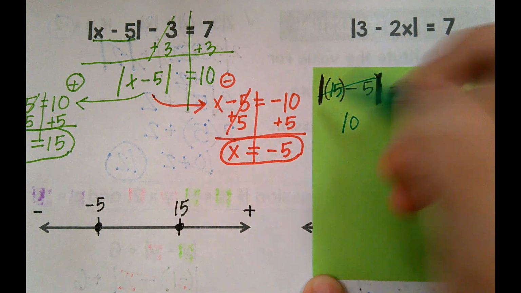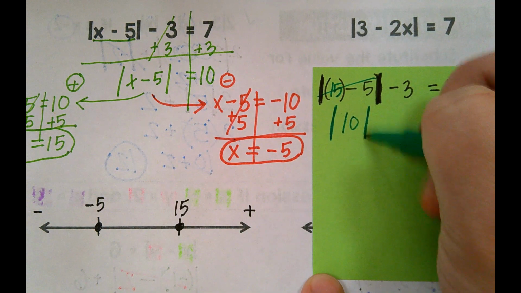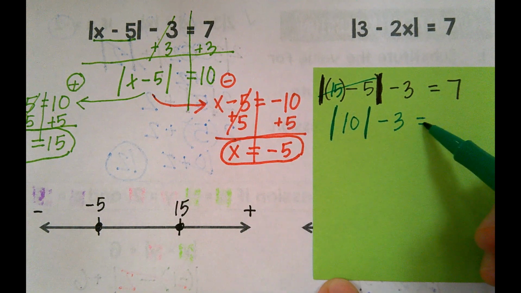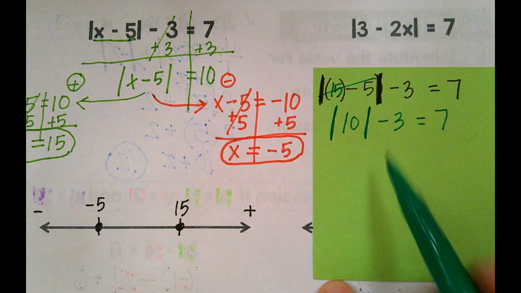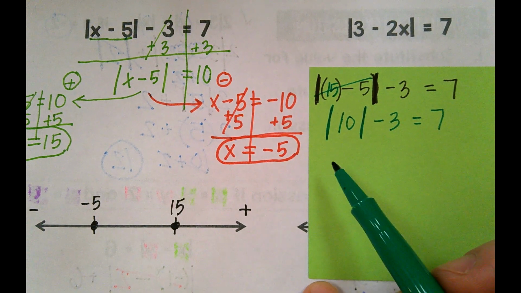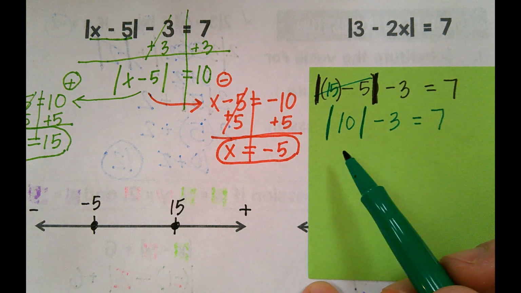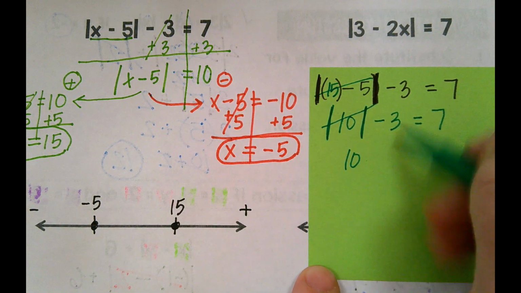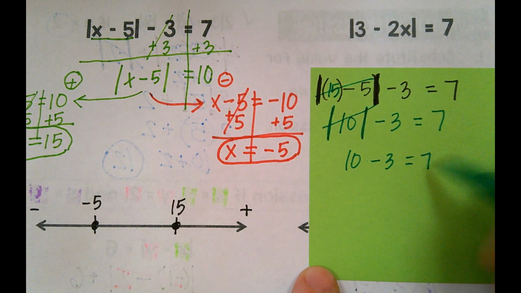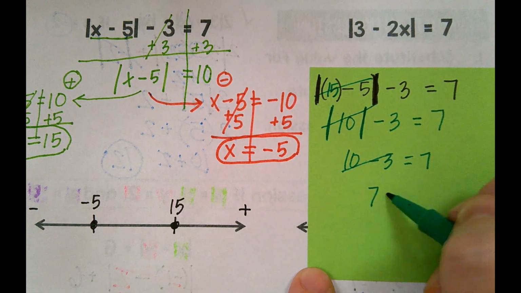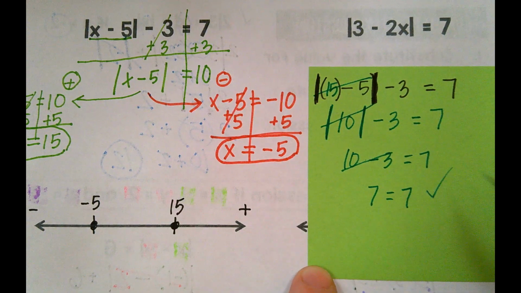Then absolute value. Luckily it's positive, so it's okay if that step got skipped, but it's good practice. So I just brought everything down. What next? First, what is the absolute value of 10? It's 10. Bring down minus 3 equals 7. What's 10 minus 3? 7. So it's correct. 15 is an x value. We know that that one works.